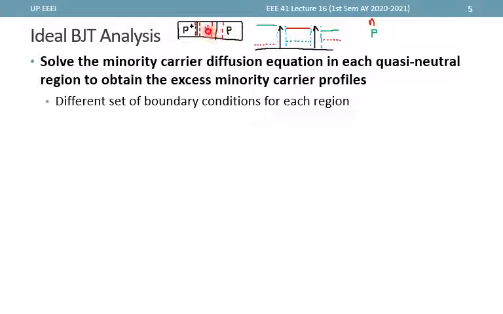If this PN junction is forward biased, then there must be some excess minority carriers at the edge of the depletion region. What I'm drawing here is the expected trend when the junction is forward biased.